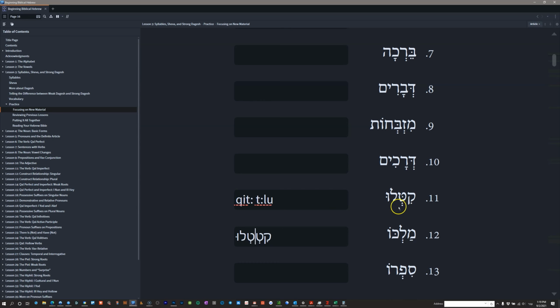I don't want to give you that rule now, but most of the time, probably 90+% of the time, if you have a Dagesh and a Sheva in the same letter, that Sheva will be vocal. The one exception I'm talking about is not a strong Dagesh, but a weak Dagesh. When a weak Dagesh occurs at the end of a word, it will have a silent Sheva.